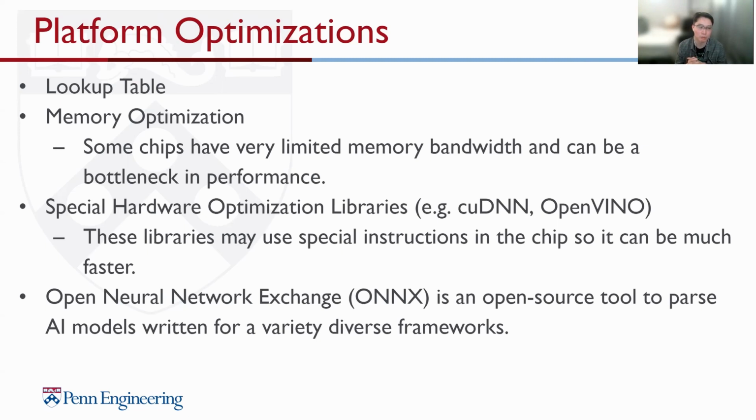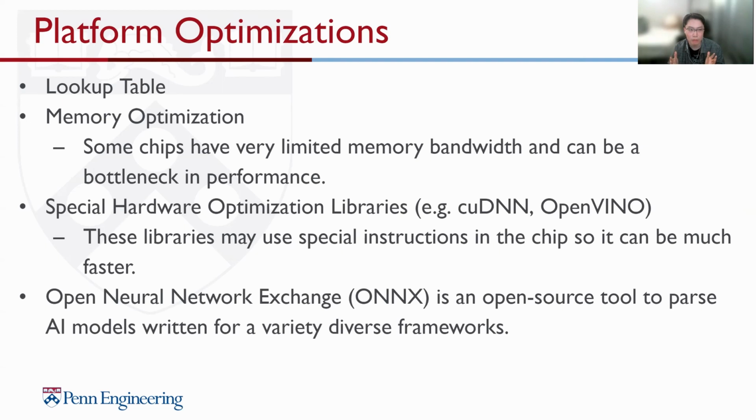There are some special hardware optimization libraries. For example, cuDNN is the CUDA deep neural network library. It's developed by NVIDIA. These libraries may have special instructions on the chip that those engineers can use, so that if we just apply our neural network with this type of library, we automatically get a performance boost.